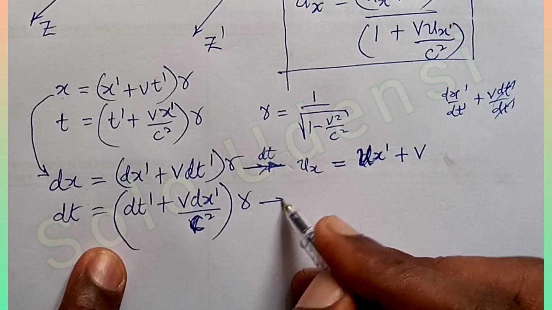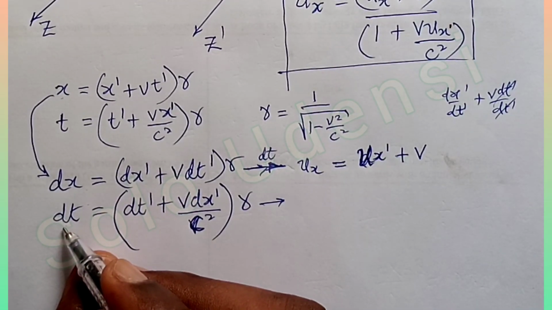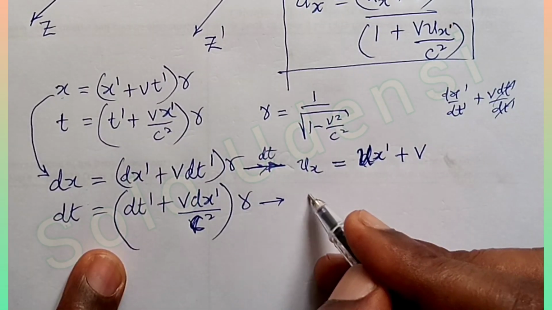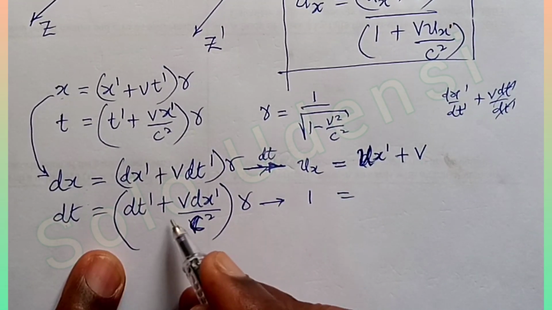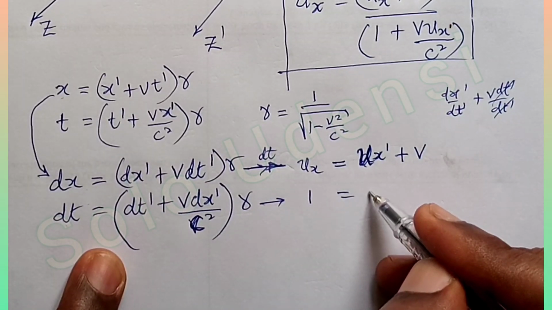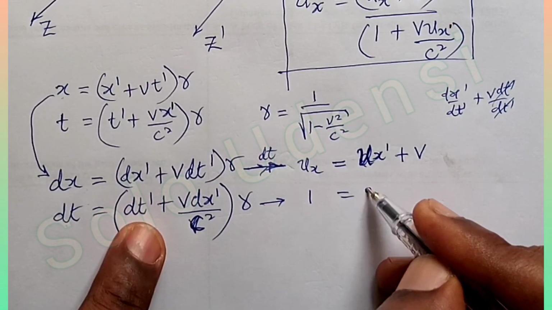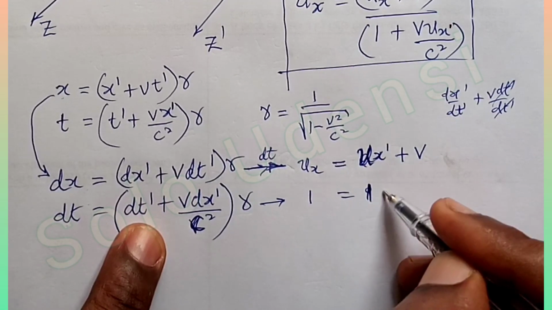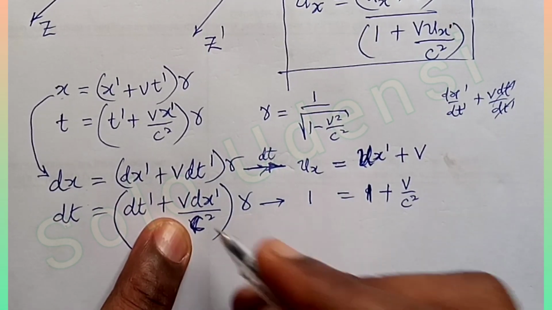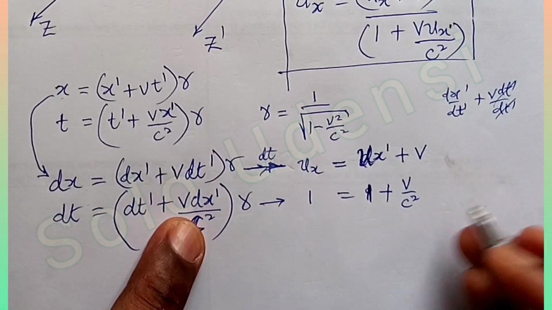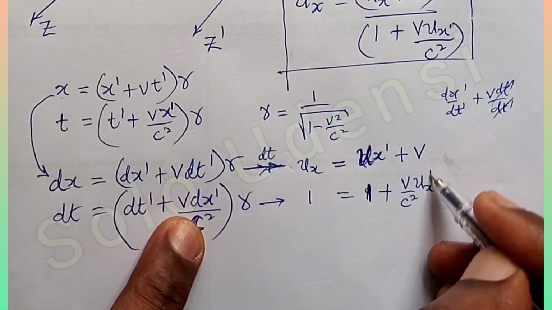Also, if we divide the second equation by dt prime, we will have dt over dt prime, which is 1 plus v over c squared times dx prime over dt prime, which is ux prime.